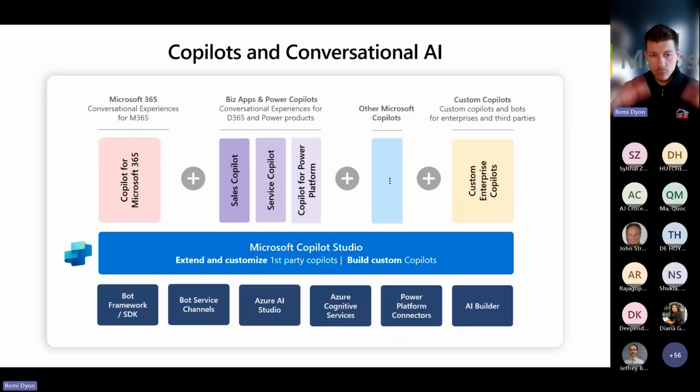So if we go to the Copilot and the conversational AI at Microsoft, you can see that at the top, we have our first-party Copilots from M365 Sales Copilot to custom Copilots that you may create. All of that now is part of Microsoft Copilot Studio. You can extend and customize all of those Copilots that you see at the top and build your own Copilot with that tool.